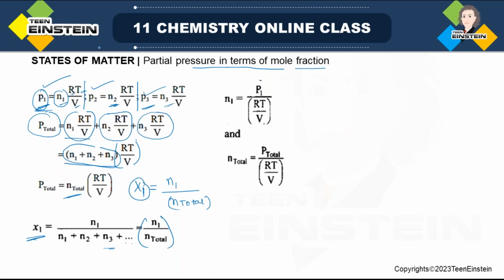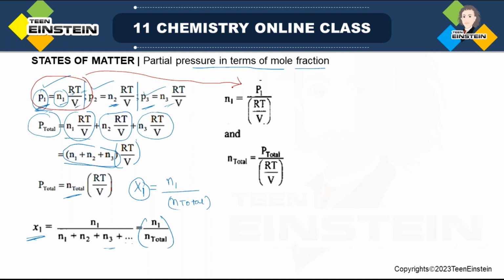Now, from this equation, just consider the first equation. P1 is equal to N1 into RT by V. If this is true, you can also write the same equation like this. Just bring N1 to the left hand side and bring P1 to the right hand side.